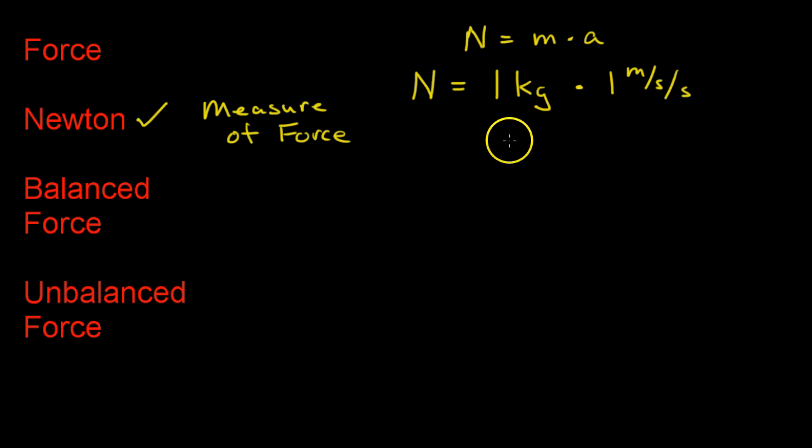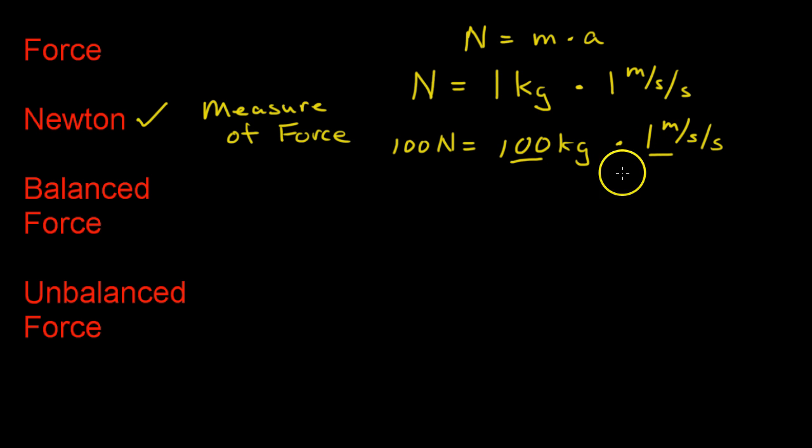If we wanted to move something very heavy, 100 kilograms, and we were going to move that 1 meter per second, it's going to require a force of 100 newtons. 100 kilograms times 1 meter per second.